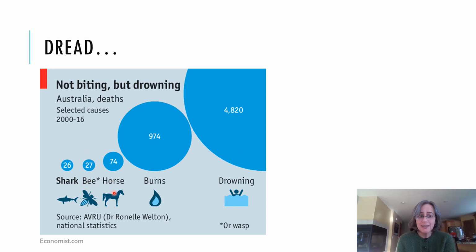Horseback riding injuries, 74. People who died from burns of various sorts, mostly from house fires. And then look at drowning. So if we're thinking about swimming related risks, drowning is much more likely to happen to you than being the victim of a shark attack. But yet there's not the same level of dread associated with it for the most part. So we perceive that risk very differently.